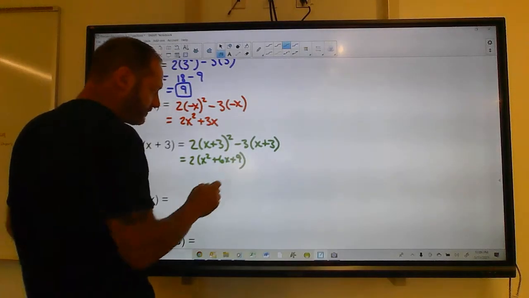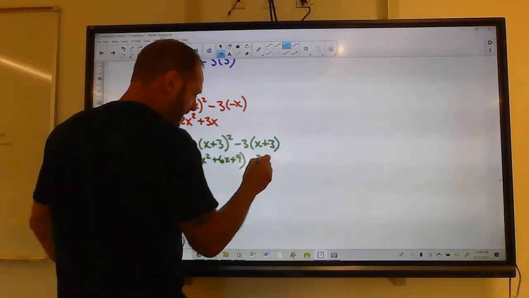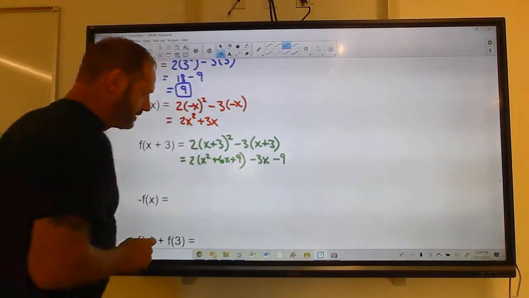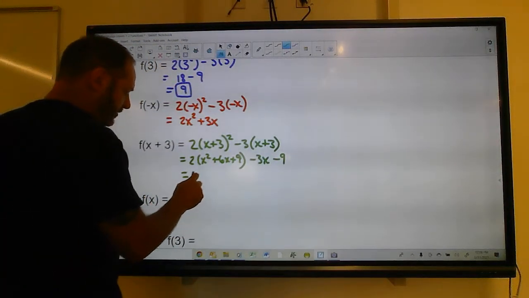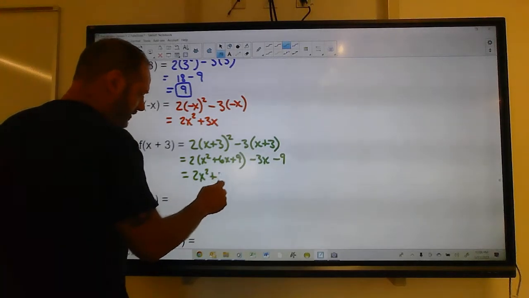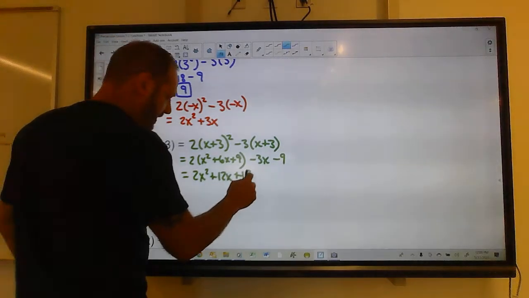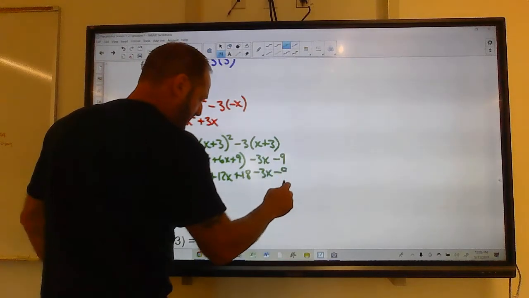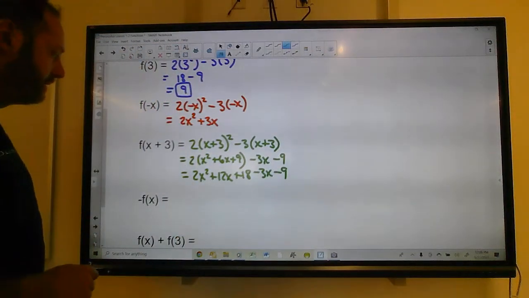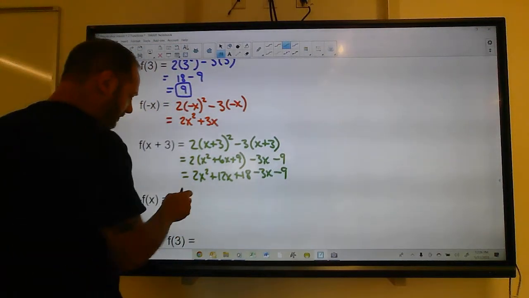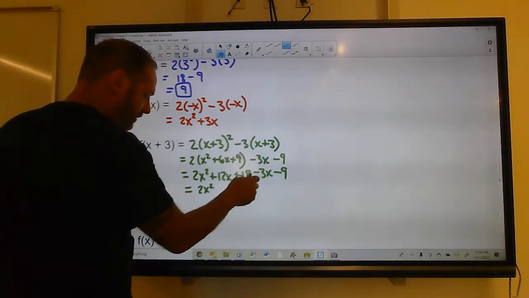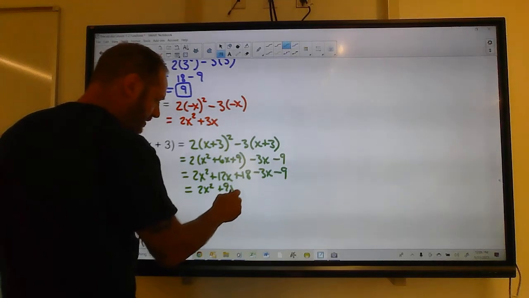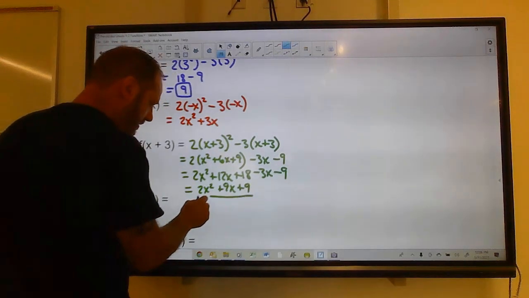I'm going to distribute my negative 3, so this is minus 3x minus 9. Then I'm going to distribute my 2, so this is 2x squared plus 12x plus 18 minus 3x minus 9. And then I'm going to go ahead and combine my like terms, so I get 2x squared plus 9x plus 9.